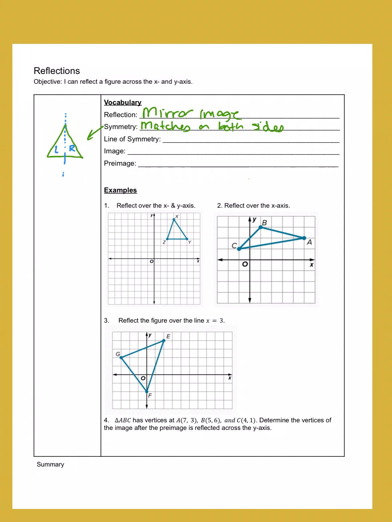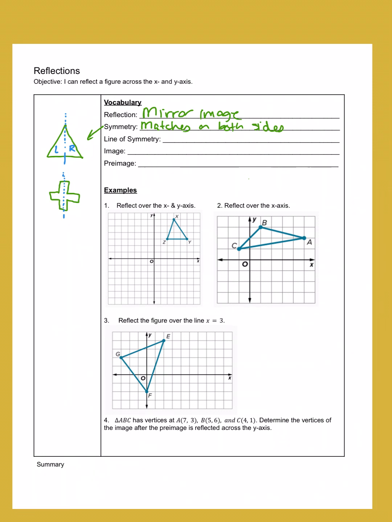And some shapes have more than one line of symmetry. For example, I'll do my best to draw this. Let's say we had like this plus sign. And pretend I got all nice straight lines. This would have two lines of symmetry. I could do like the triangle and fold it right down this line in the middle.